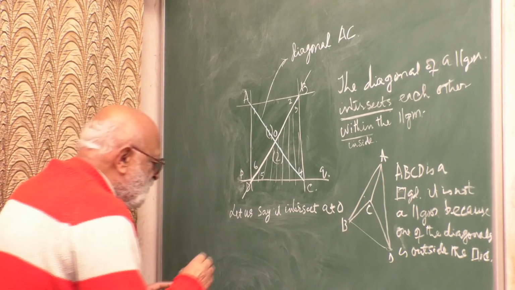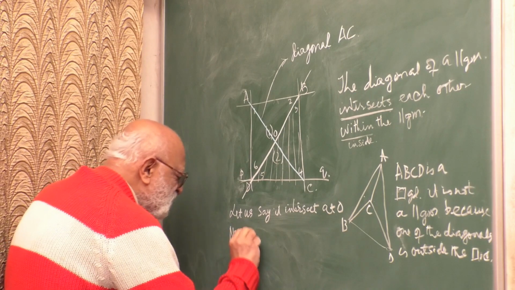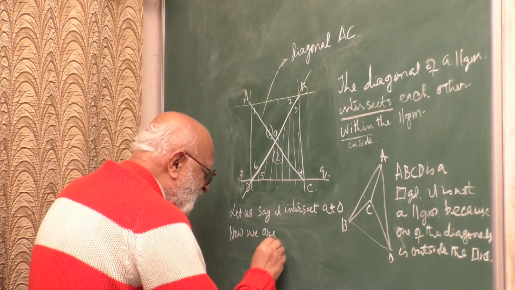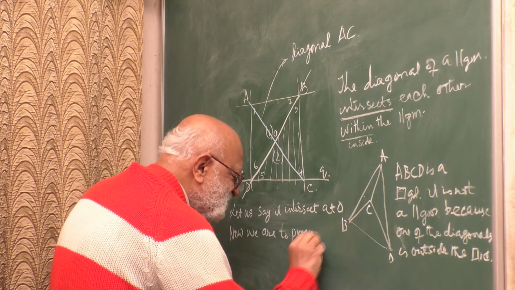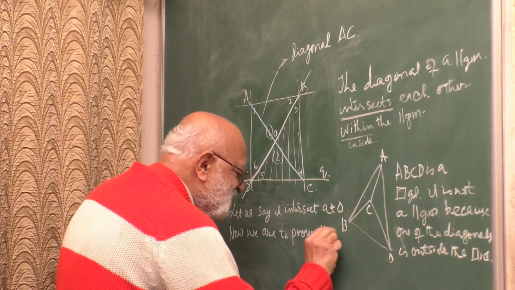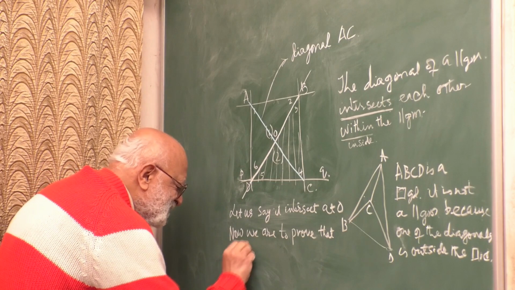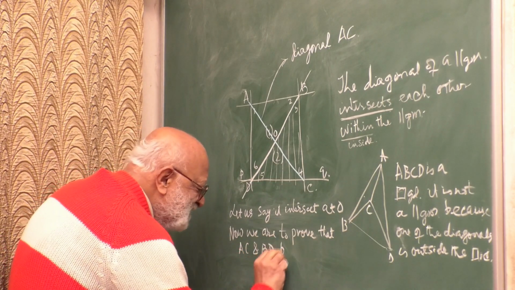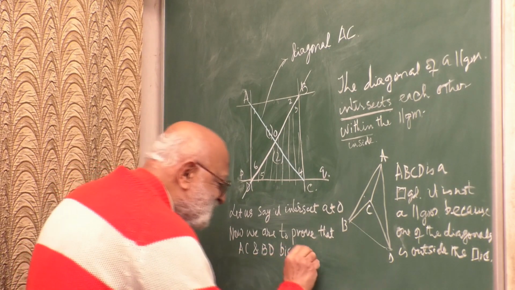Then we are going to prove that AC and BD bisect each other. Not only intersect, but bisect each other.